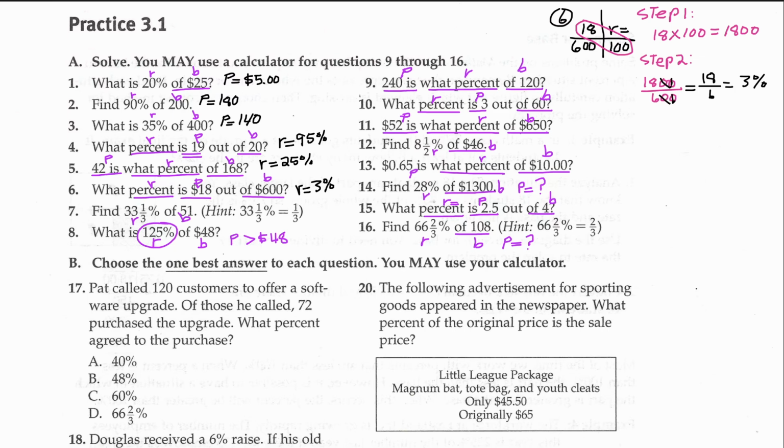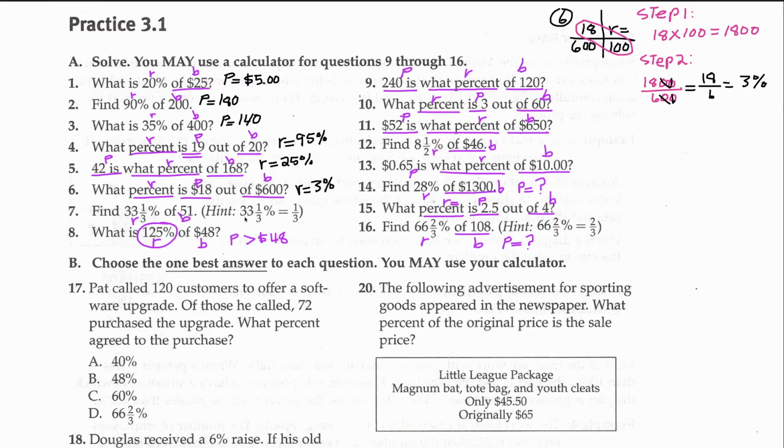Number 7 is kind of special. You see, it's a hint to you that 33 1/3% is the same thing as the fraction 1/3. So if you convert percent to a fraction, then you have to treat it as 1/3 of 51.